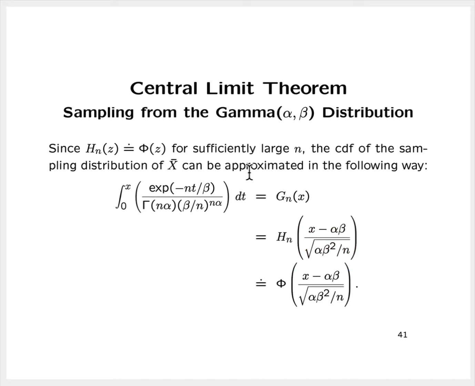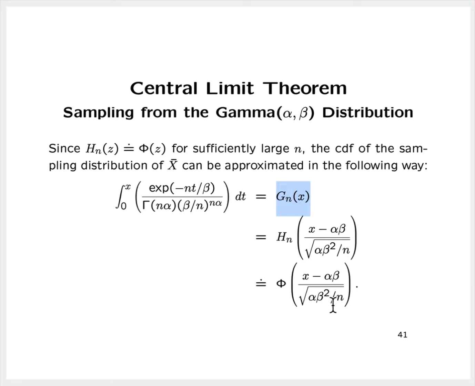And by virtue of the central limit theorem, let me back up, the CDF H sub n evaluated at this point is approximately equal to the CDF of the standard normal distribution evaluated at that point. So we're approximating G sub n evaluated at x by the standard normal distribution evaluated at this point.